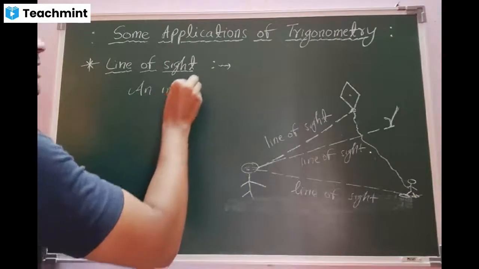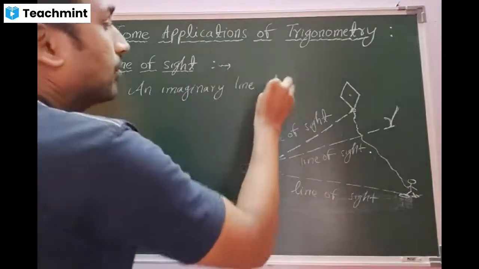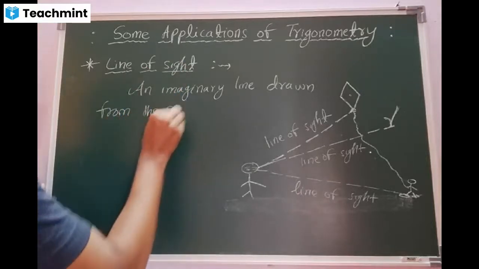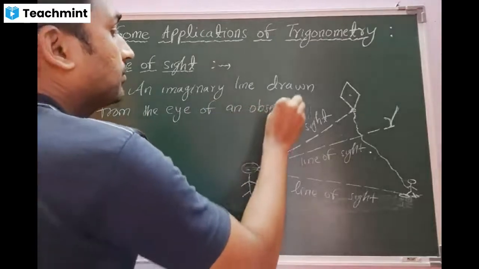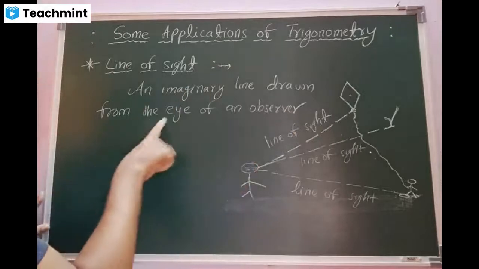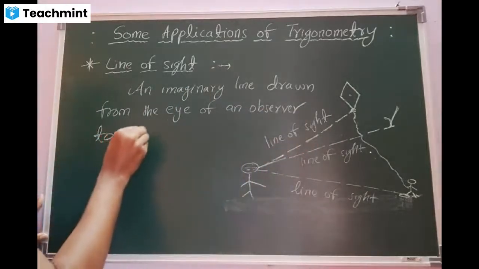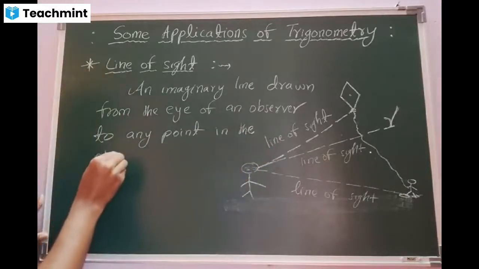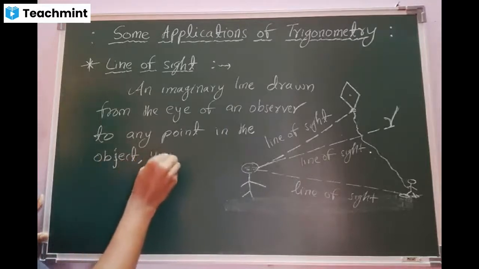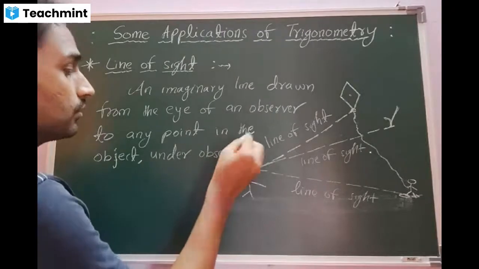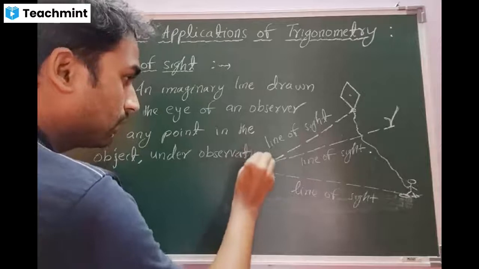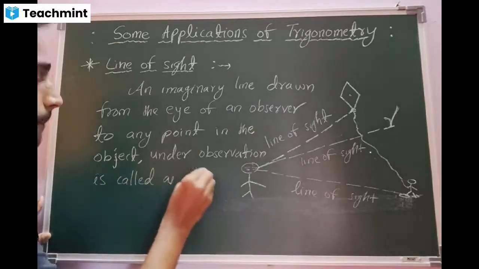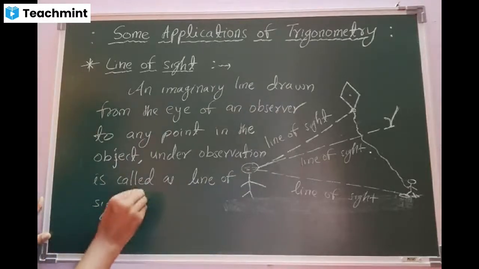An imaginary line drawn from the eye of an observer to any point in the object under observation is called what? Line of sight. Beta, copy fast. Write down.